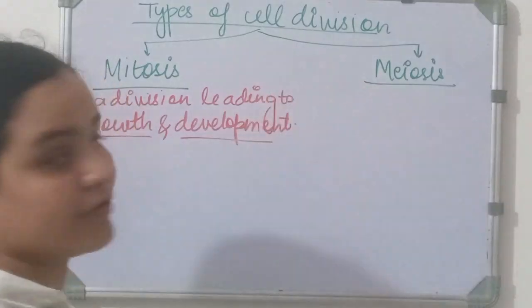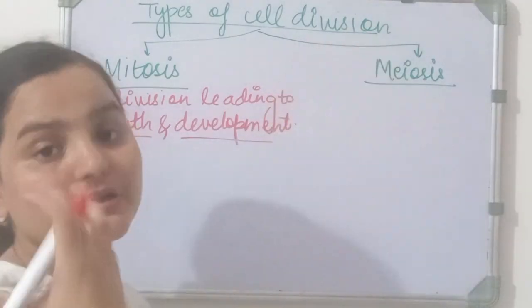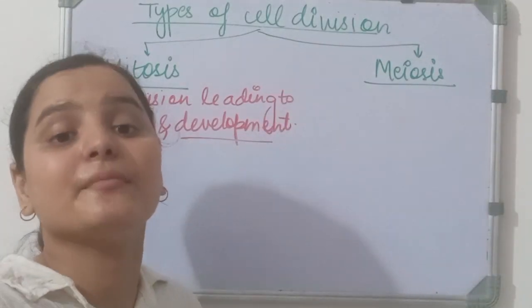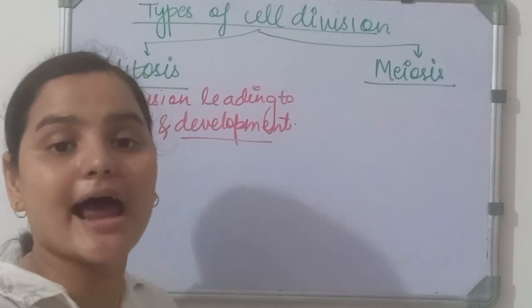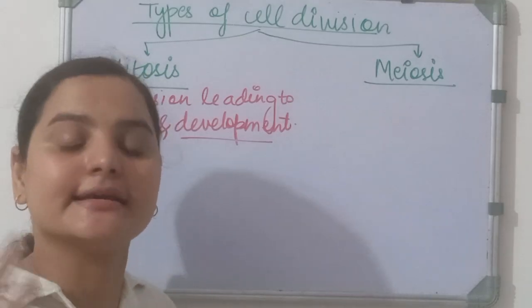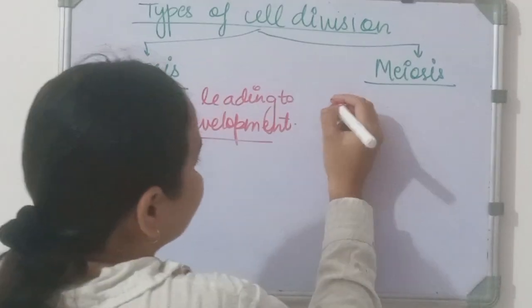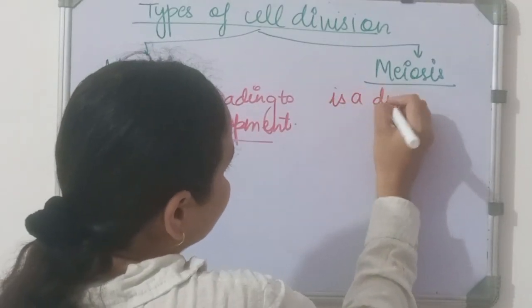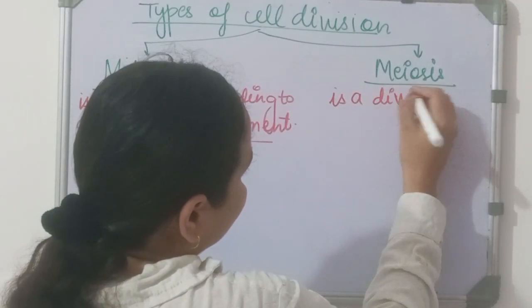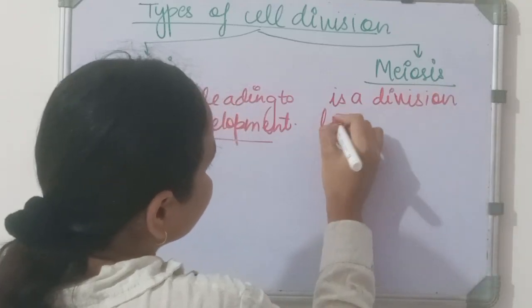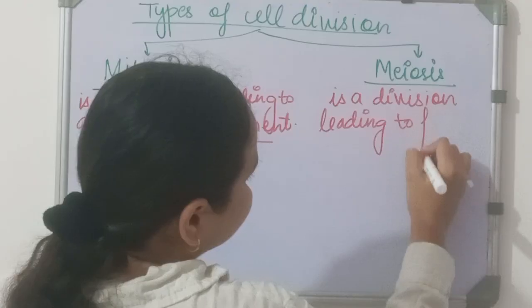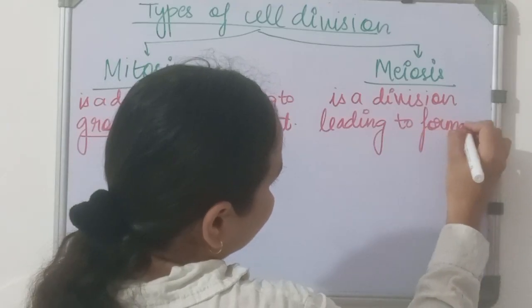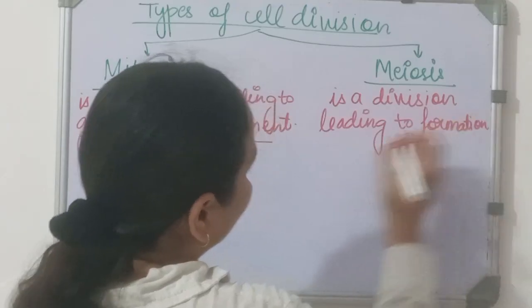And meiosis is a type of division which leads to the formation of gametes, like sperms in males and ova or eggs in females. So meiosis is a division leading to formation of gametes.